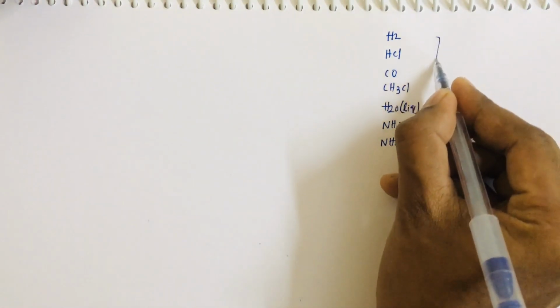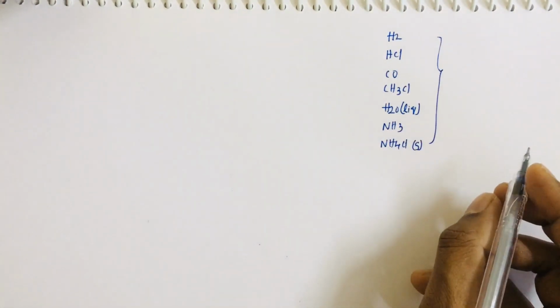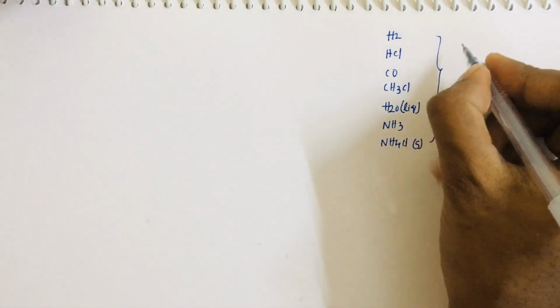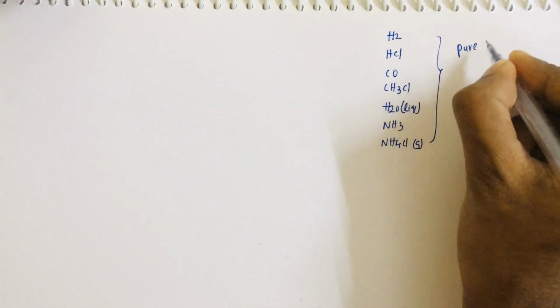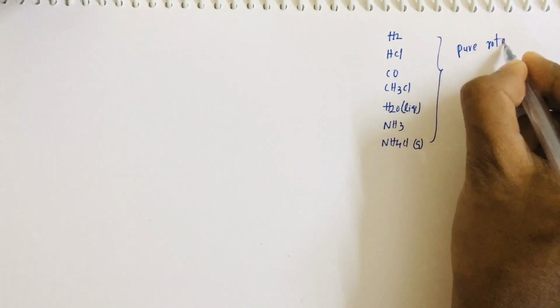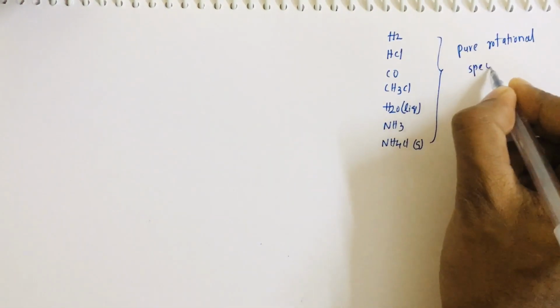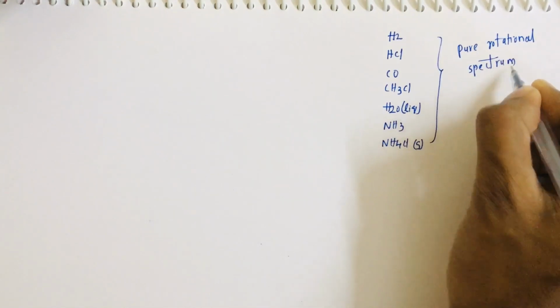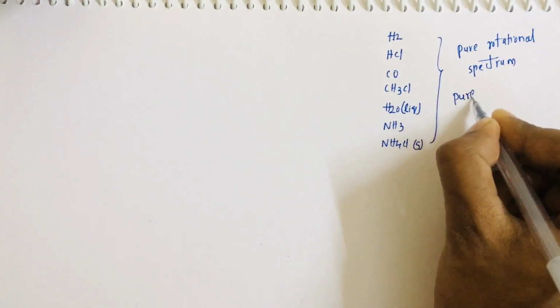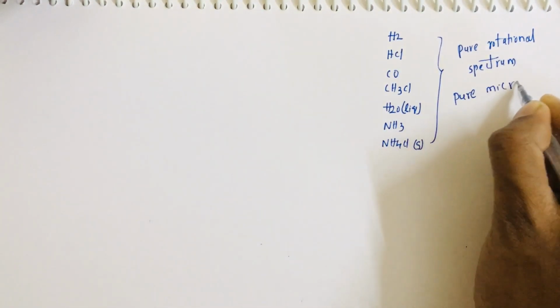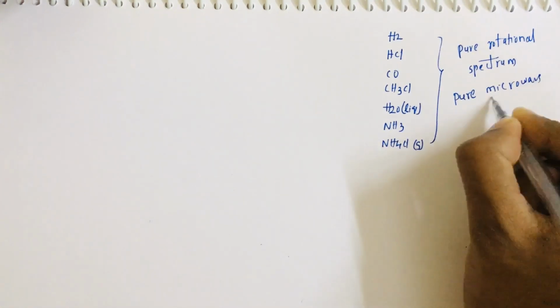So the question is, among all these compounds, which compound shows a pure rotational spectrum, or we can also say a pure microwave spectrum, because rotational is nothing but microwave spectroscopy.